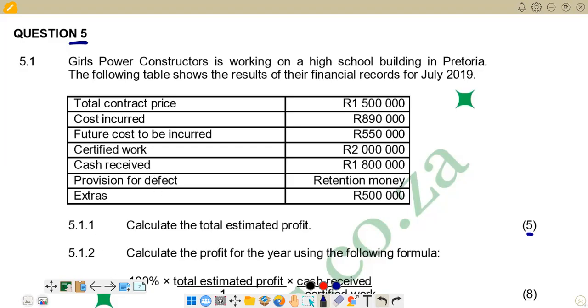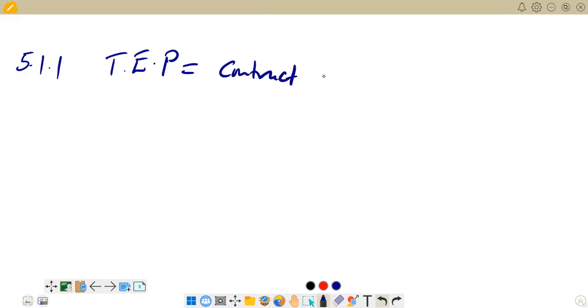First of all, we have to put down the formula for calculating that estimated profit. We are on 5.1.1, and the question requires us to prepare the total estimated profit. So the formula that we are going to use for the estimated profit is contract price plus extras.